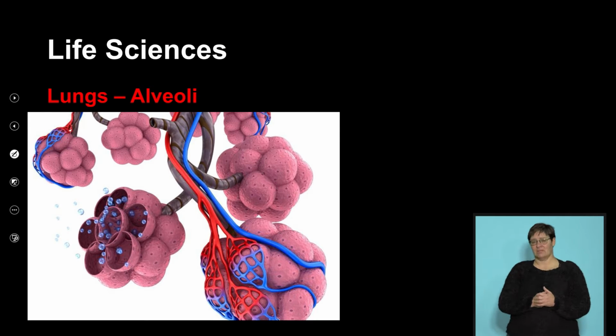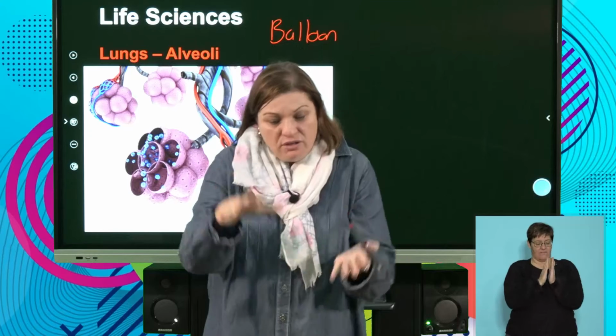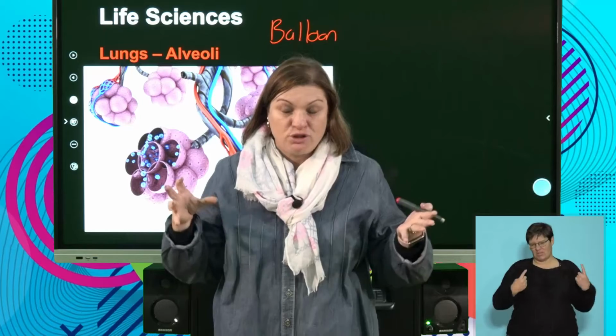Now, this is a very difficult concept that we look at, and these are the alveoli. As I said to you, you've got to think of balloons. What a balloon does, it inflates with air. So it's something that's flat. And when you looked at the dissection, the lung was actually flat. If I could, but it was just impossible because it's too big.